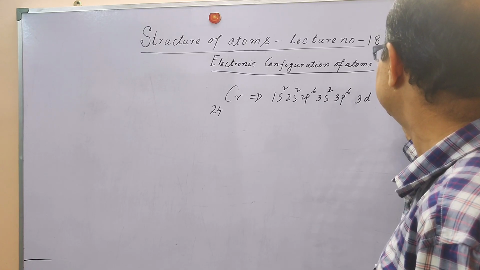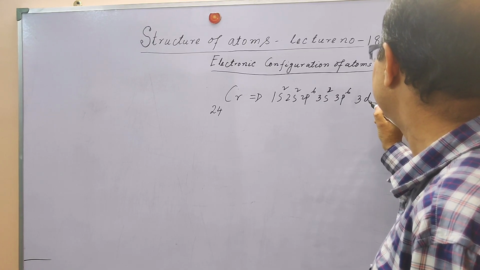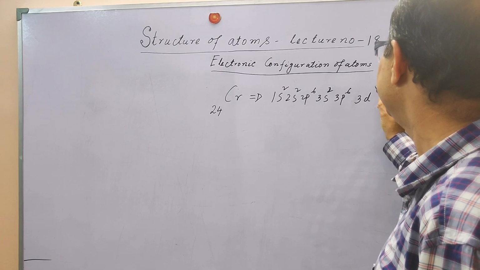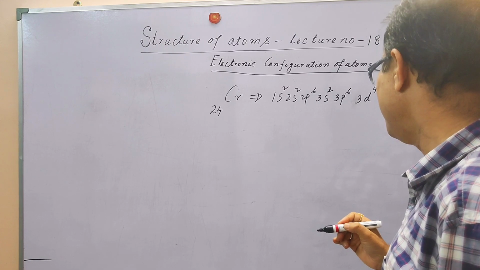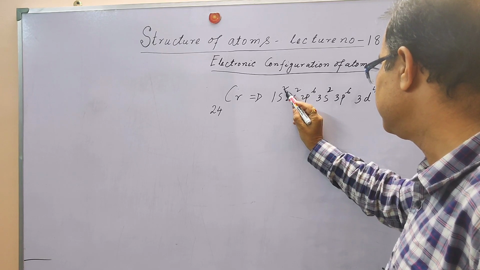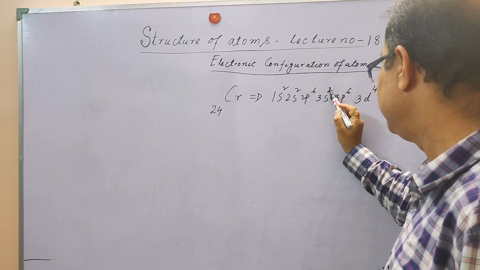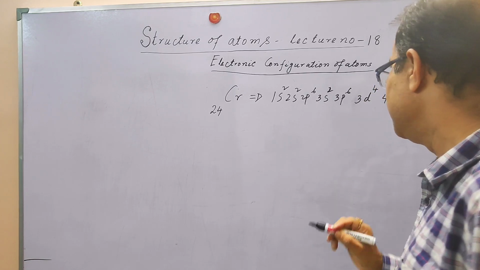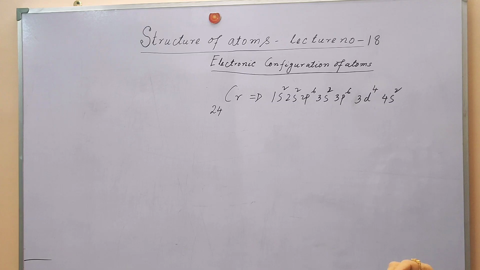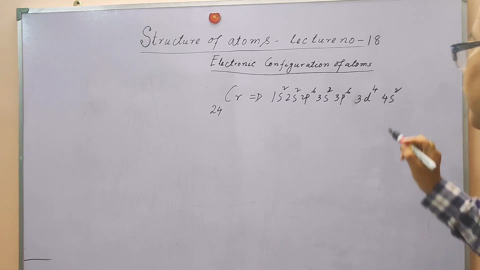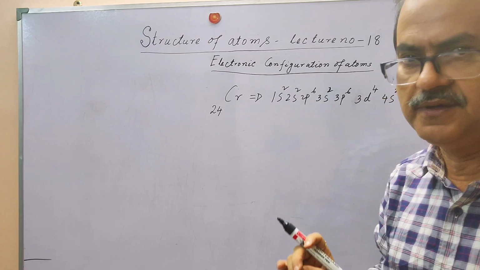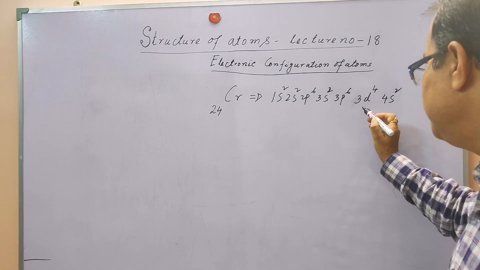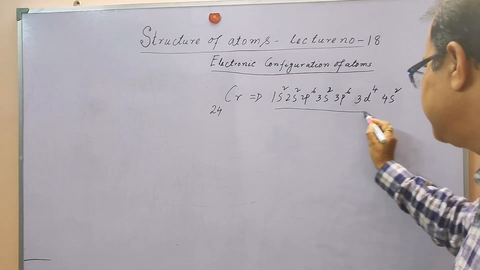After filling the 4s2, the 3d orbitals will be filled. If you go by the above principle and the other rules for electronic configuration, this will be the configuration as per this practice.